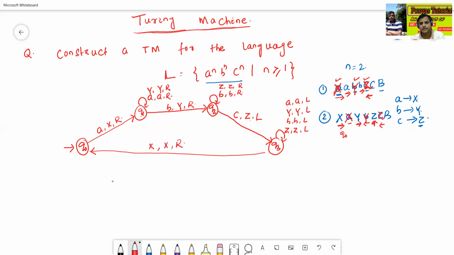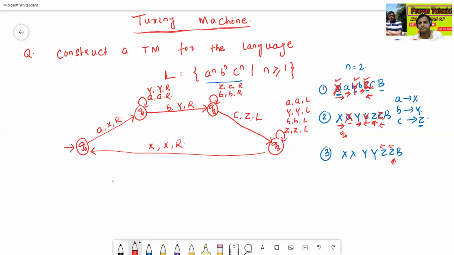So my string looks like X, X, Y, Y, Z, Z, P. Now my pointer is here, at Q3. Q3 reads Z and skips it, because it is a loop.